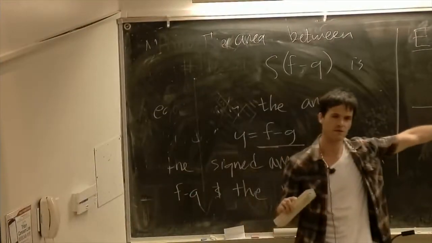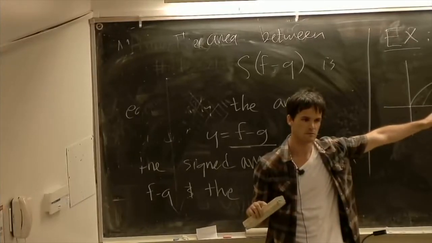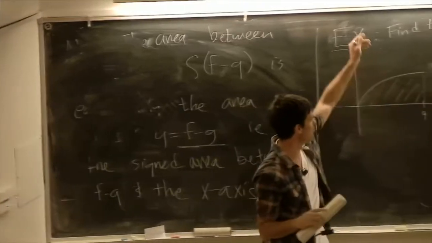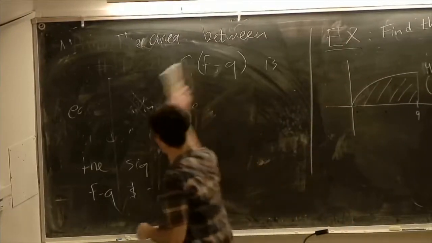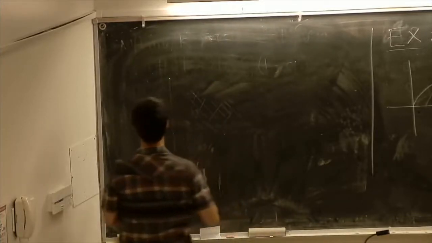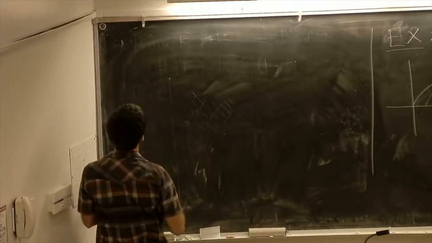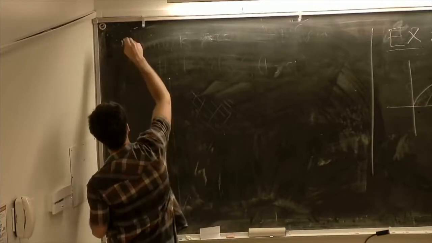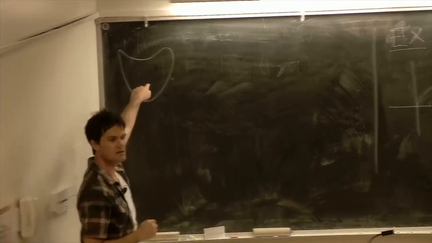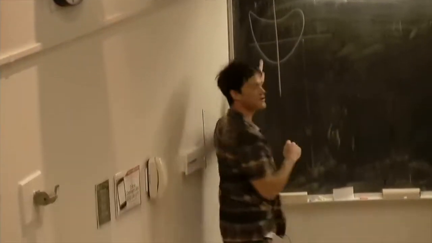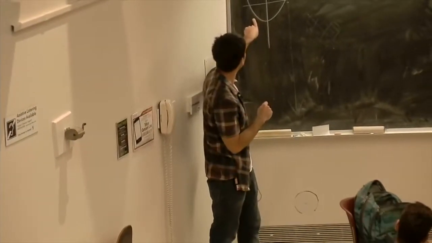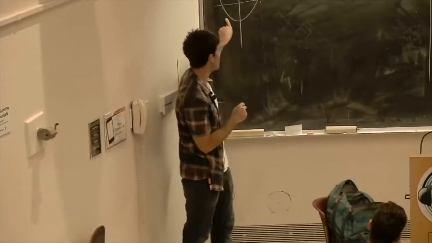Is this region vertically simple? Yeah, there's no part where we would get multiple different points of intersection. So this region, would this be vertically simple? Is there one function on top and one function on bottom at every point?